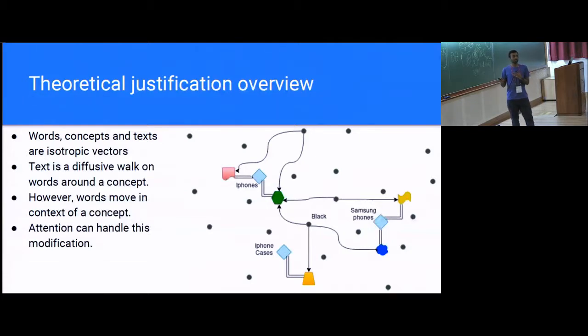And this changing of the trigrams is something that the attention model is able to capture, because the attention model takes into consideration all the other trigrams that you ended up visiting, and then it will decide, okay, you are probably thinking of an iPhone, and so this trigram is more important and that is less important.